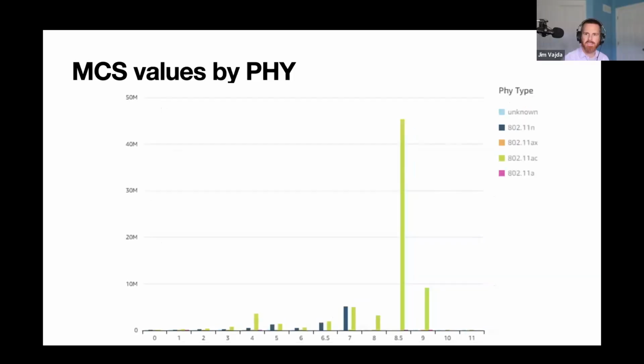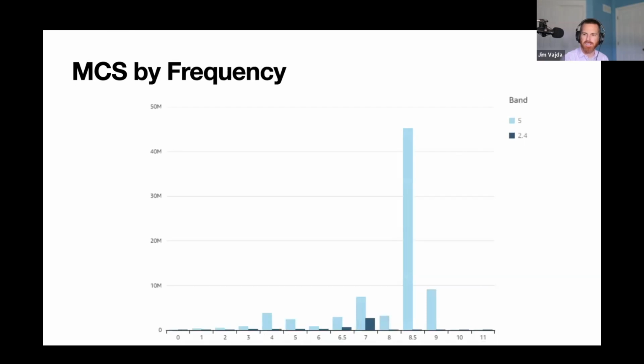There's one thing I noticed in that chart too that's kind of interesting. There really looks like there's significant bumps, maybe not statistically significant, but they catch my eye at MCS 7 and MCS 4. MCS 7 is where we drop down from 256 QAM to 64 QAM, and MCS 4, like Keith mentioned, is where we drop down from 64 QAM to 16 QAM.